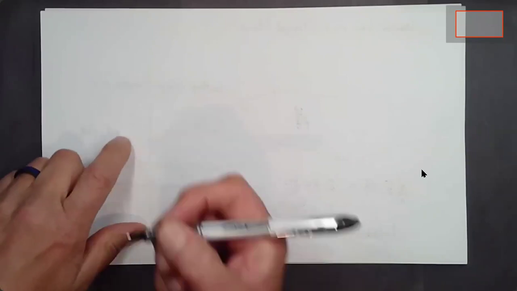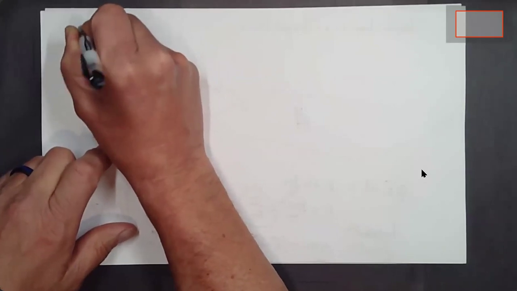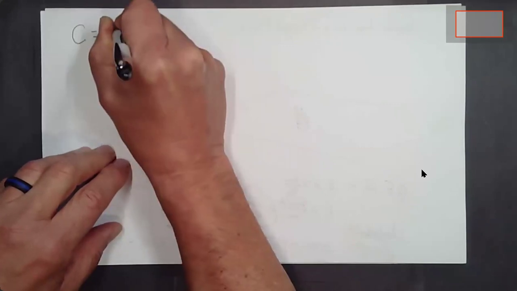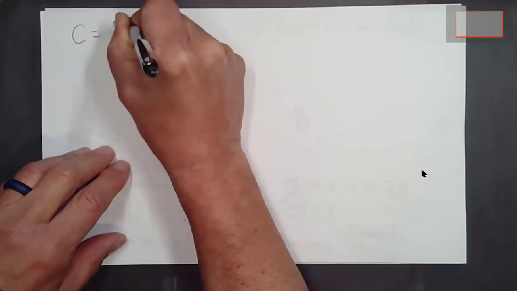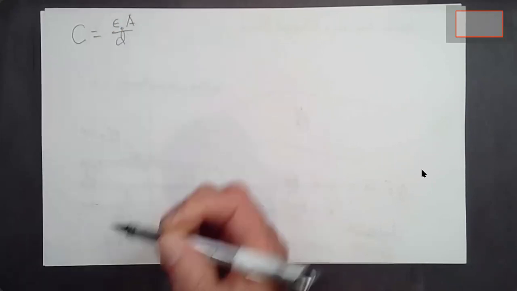The other day we started looking at capacitors, and we found out that for a parallel plate capacitor with air between the plates, the capacitance ends up being epsilon naught A over the separation between the plates.